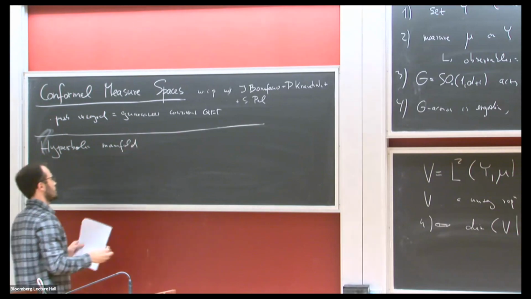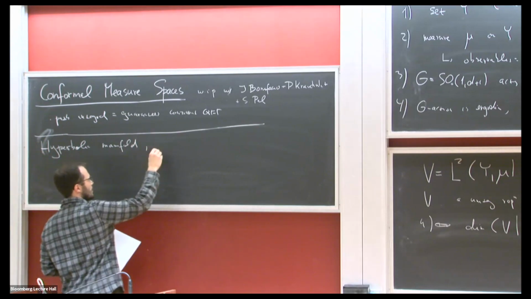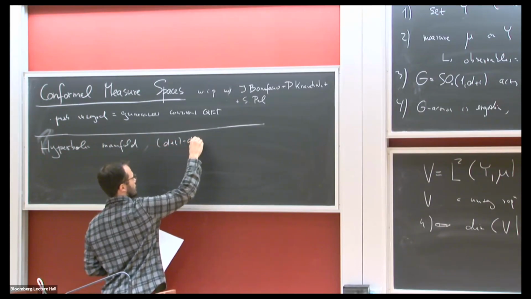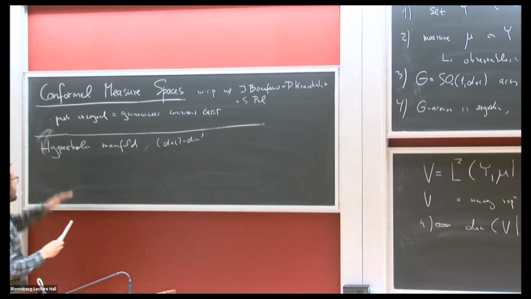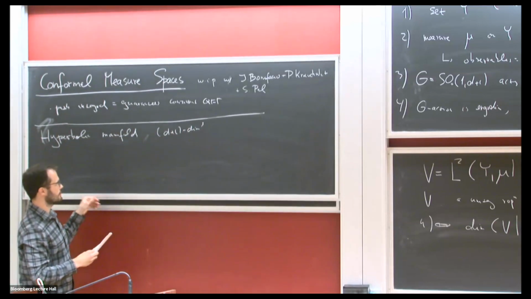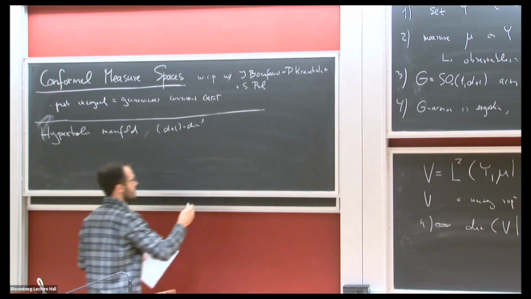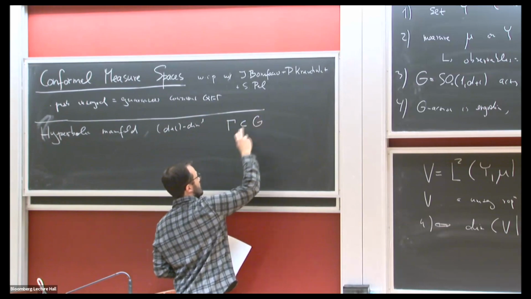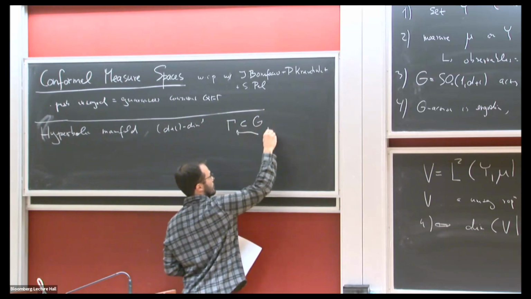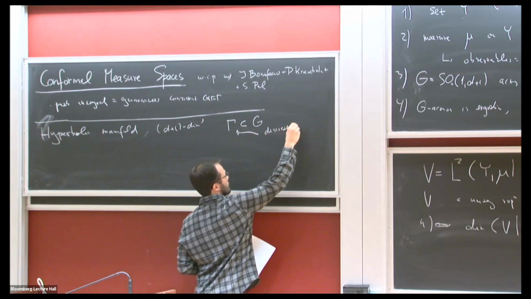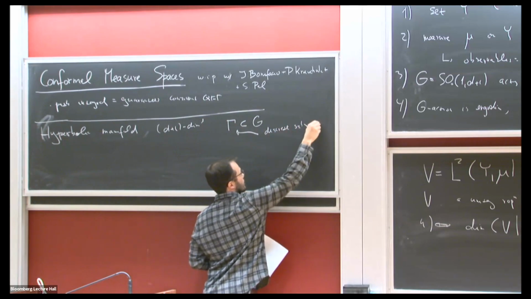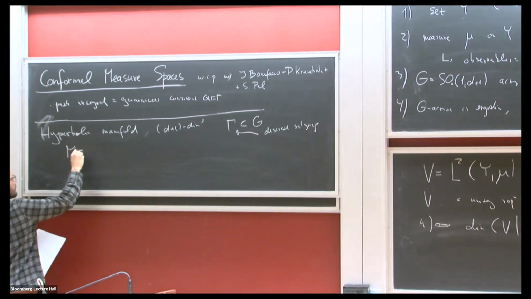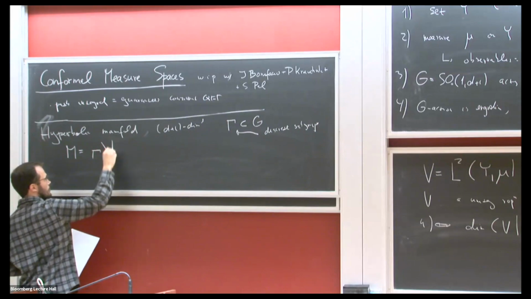So it's going to be a hyperbolic manifold of dimension D plus 1. One way to construct such manifolds is as quotients of hyperbolic space. So we pick some discrete subgroup Gamma of G. And then the manifold M is the quotient of the hyperbolic space.